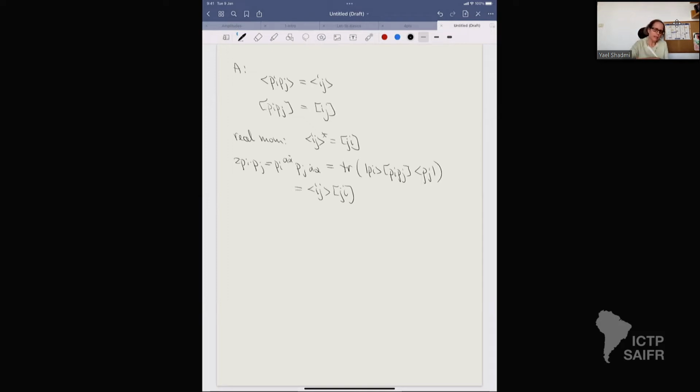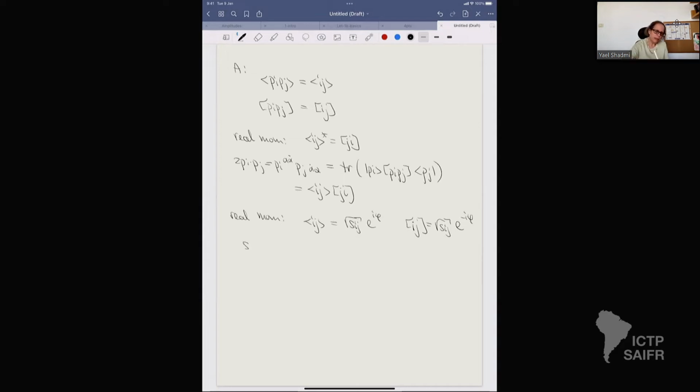And so for real momenta, we see that these two products have the same absolute value. So this one is equal to the square root of Sij times e to the i phi, and this one is equal to the square root of Sij times e to the minus i phi.